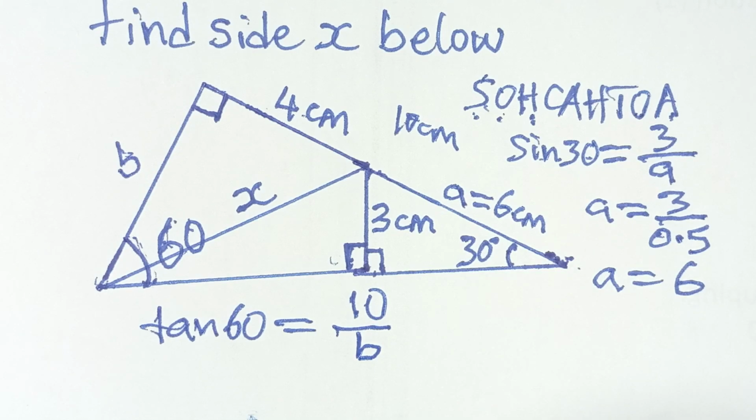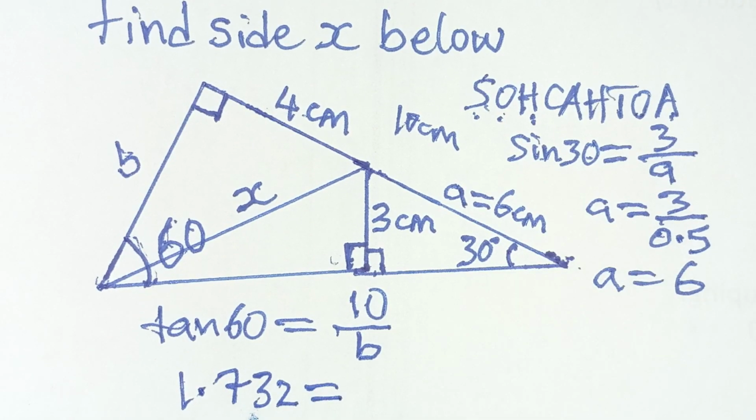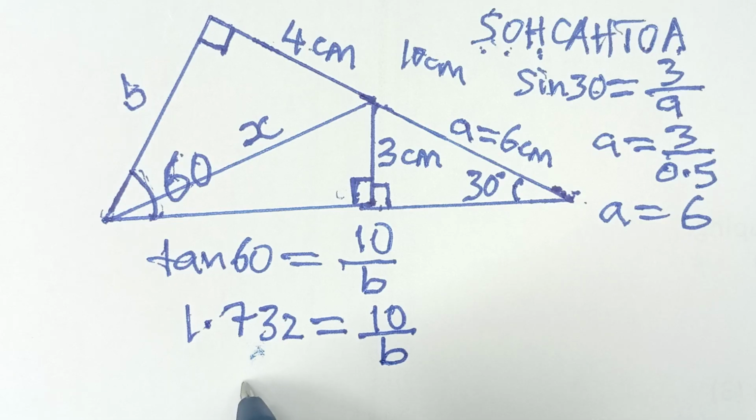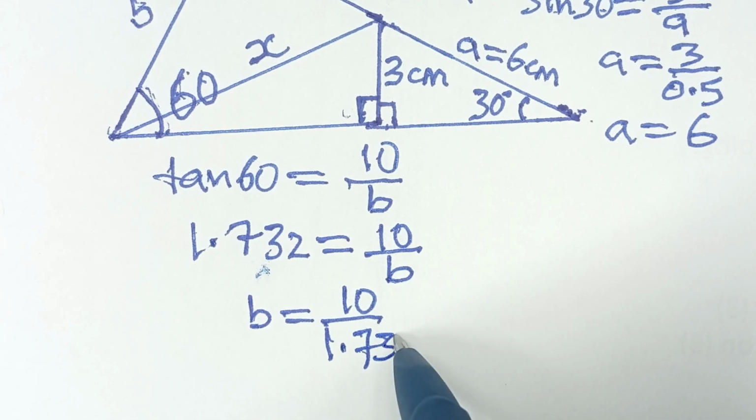The tangent of 60 is 1.732, and that will be equal to 10 over B. So if I make B the subject of the formula, we simply get B as 10 divided by 1.732.